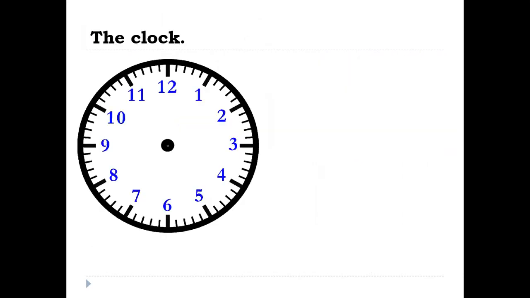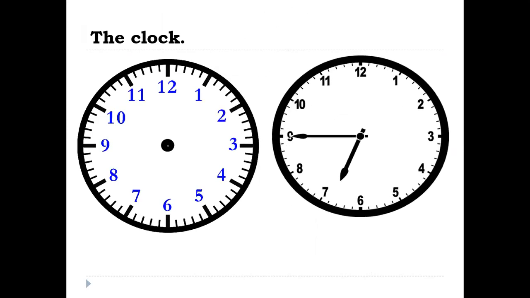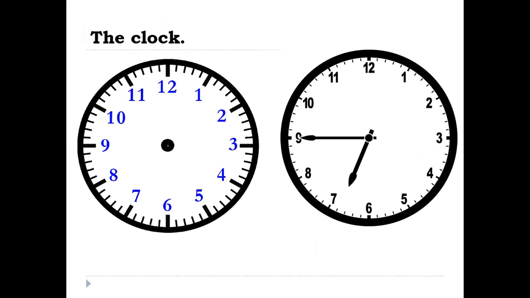So let's check it out. We have the clock, its division of 12, then divided into 60 minutes, and we add the hands. So that way we know how to call it out as a time.